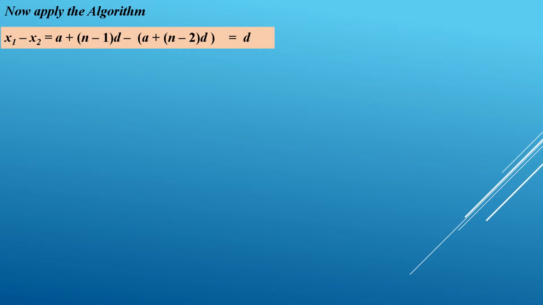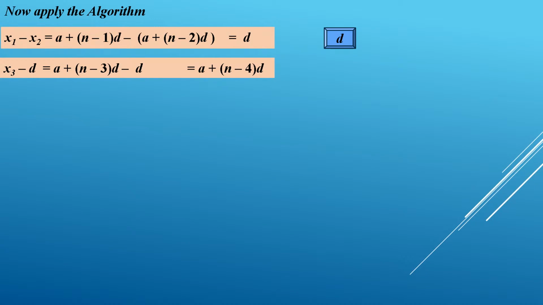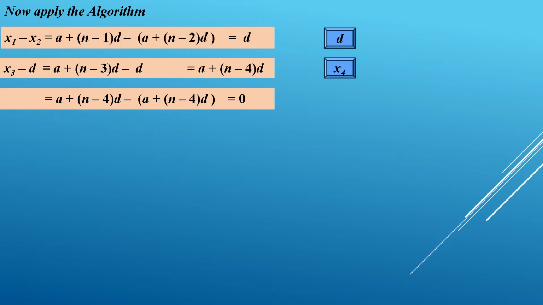If you do this calculation, a plus n minus 1 times d, minus a plus n minus 2 times d, becomes equal to d. d here is the common difference. The next step is x3 minus this d. If you simplify, you will get a plus n minus 4 times d. This is the fourth term. These calculations are fairly simple, and you can do them easily and check.